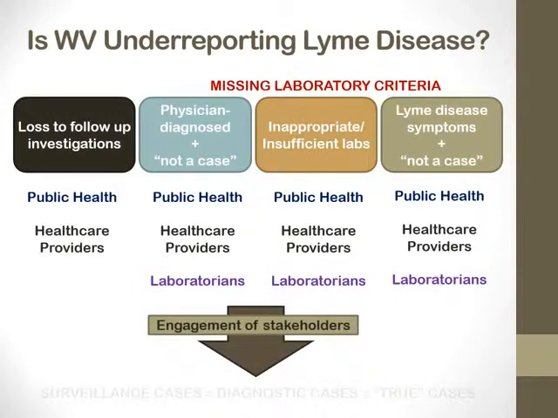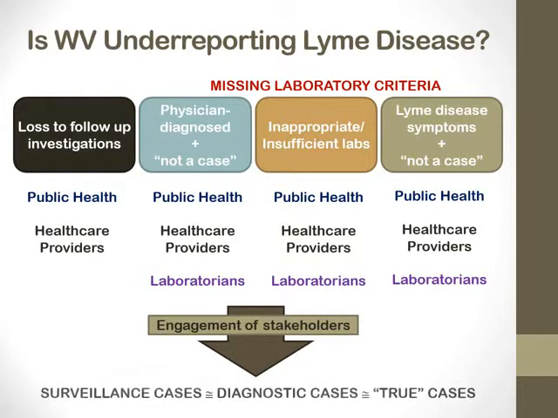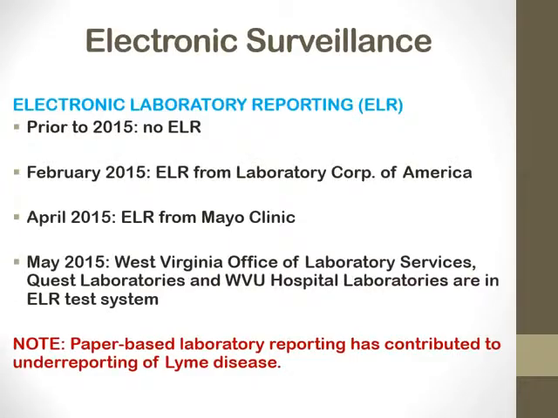So hopefully something like this webinar and other methods to improve engagement of stakeholders will allow for surveillance cases to be at or near the total number of diagnostic cases that we see in the state and be representative of the true number of cases of Lyme disease in West Virginia.